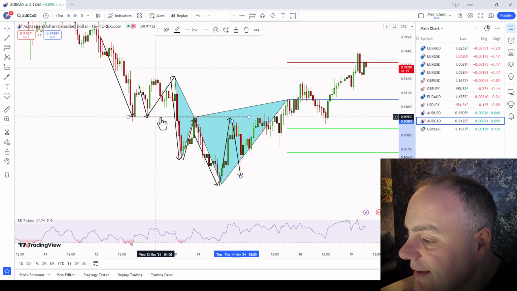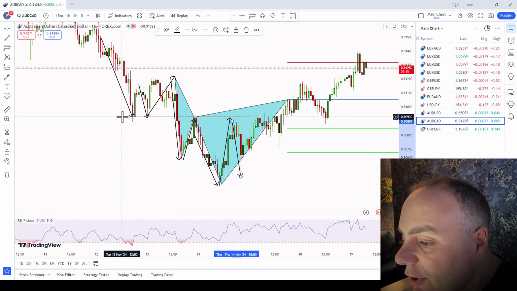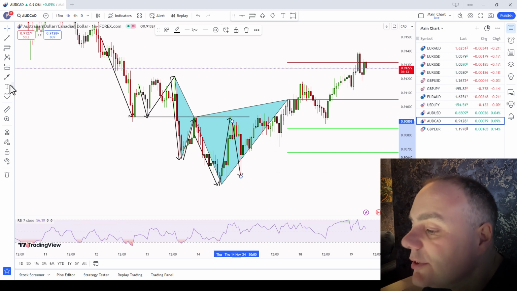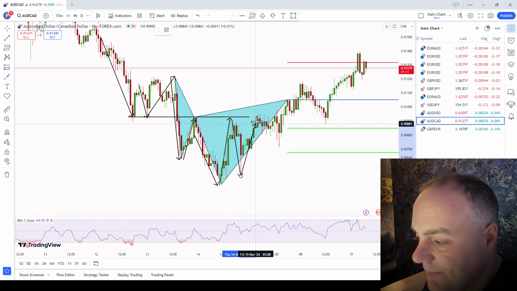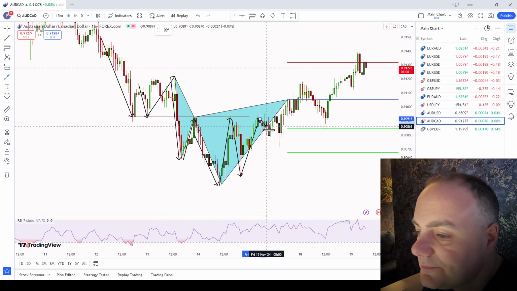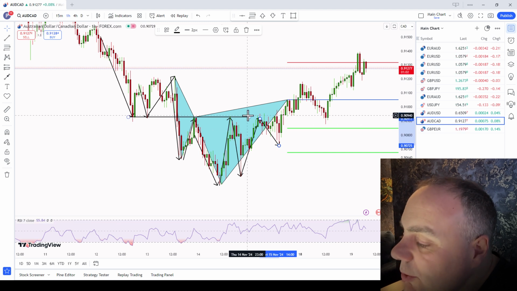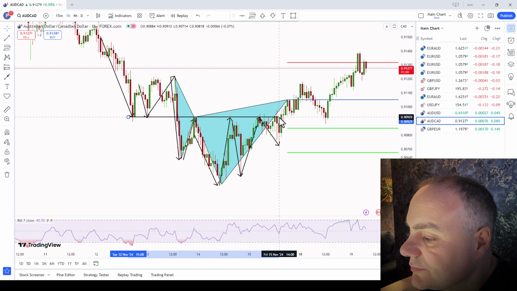And this is the choppiness. It hit this level here, this level of relatively recent structure, and reversed. And then it did it again. Hit here and was rejected. Wasn't quite rejected as far though.